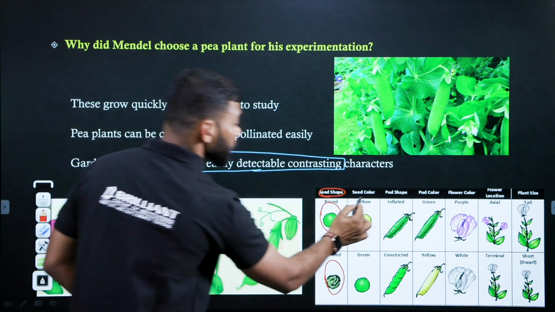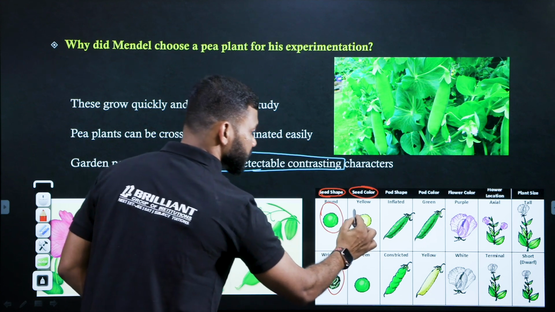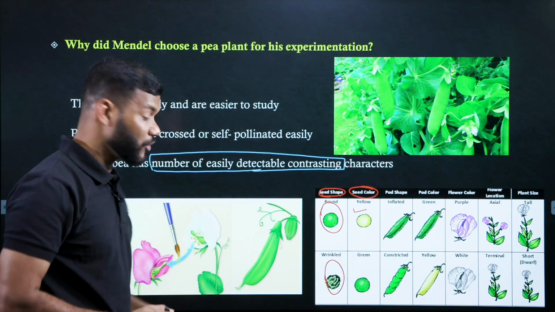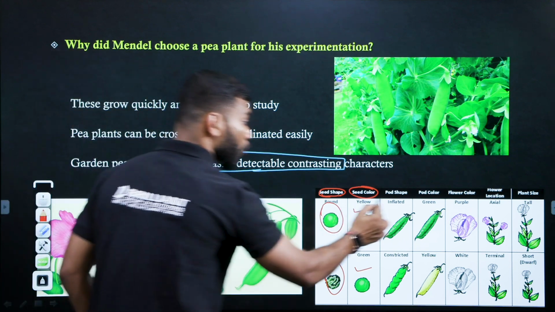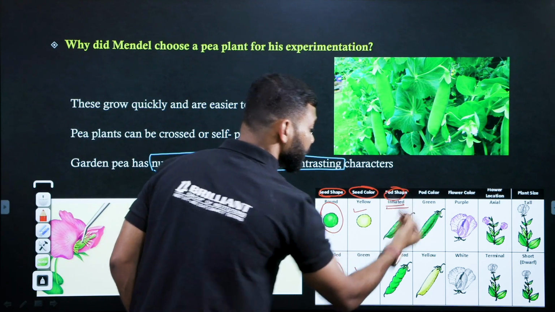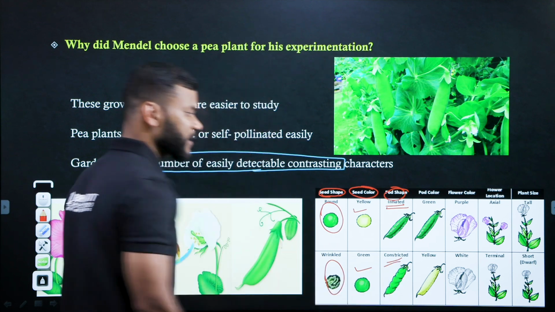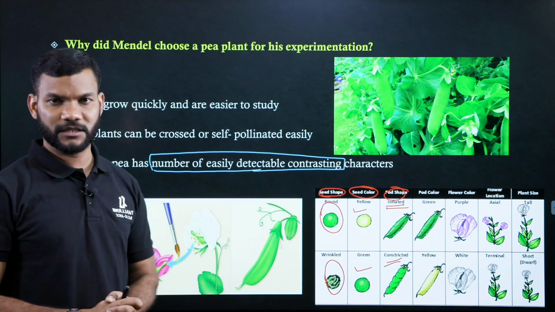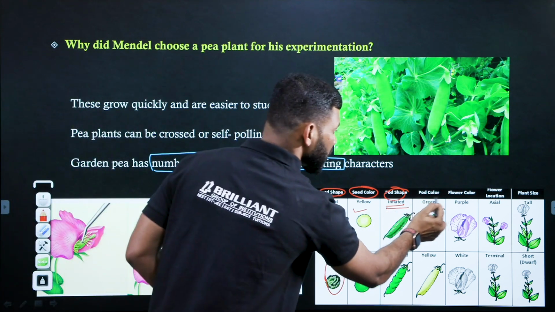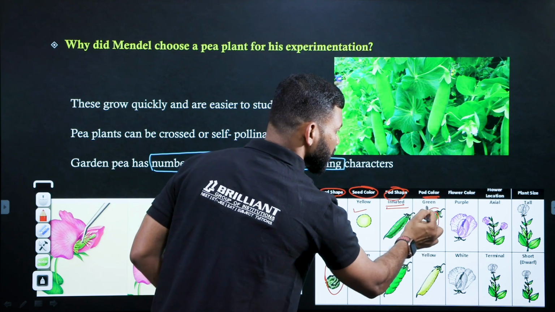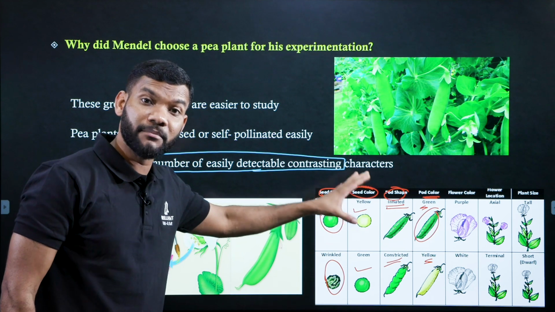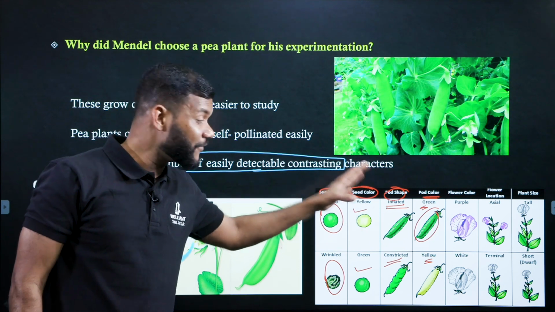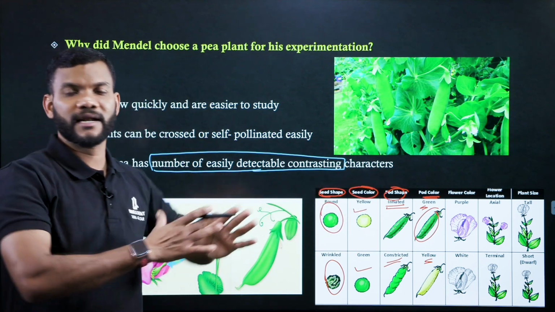The seed color: some plants gave yellow seeds and some gave green seeds. The pod shape: some plants had inflated pods and some produced constricted ones. The pod color: some pods were green and some were yellow. Like this, 7 different pairs of characters were there.